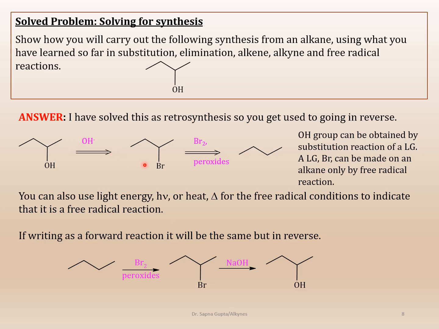So it's a little bit of turning around in your thinking. So I've given you the forward reaction also, in case you are getting confused by this, so this is a good one to see in forward. All right, so alkane with peroxides gives you alkyl halide, and then the sodium hydroxide, or just the hydroxide, substitution reaction. Okay, so that's how it works.